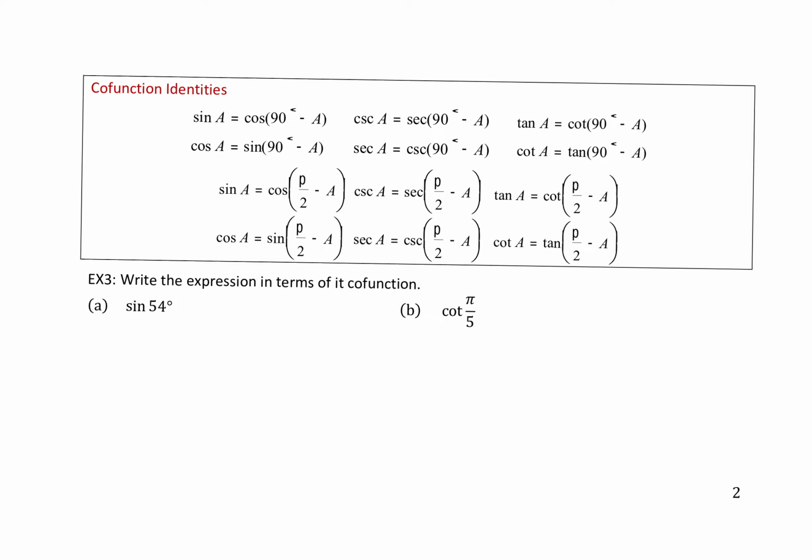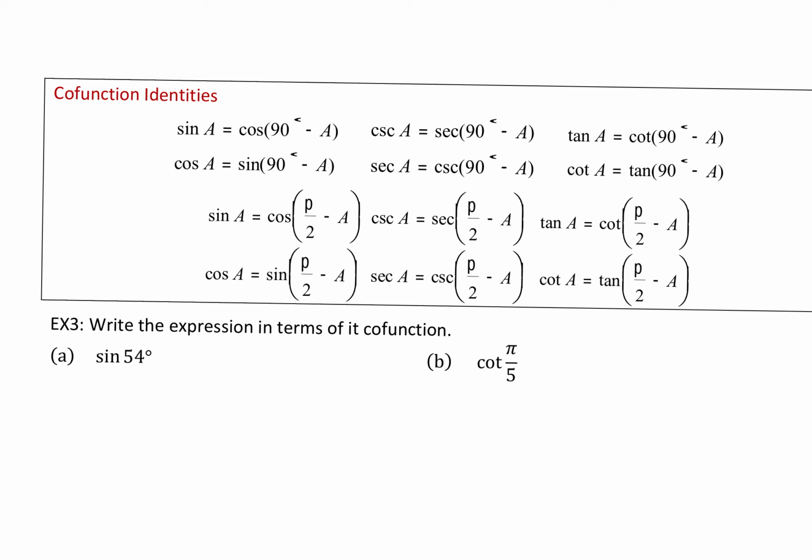Oh, it looks like the PDF did not print well. So I'm just going to have to rewrite over this. So sine of A is cosine of, this should be a 90 degrees, minus A. So these little weird symbols, these are degree symbols. When I converted my document, I think it converted those symbols.